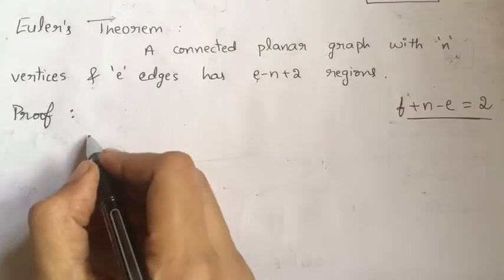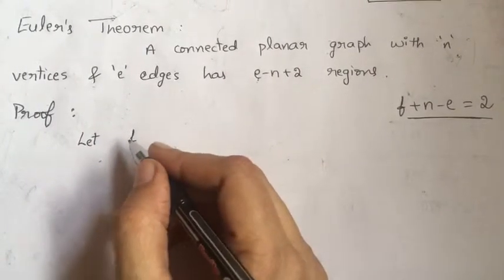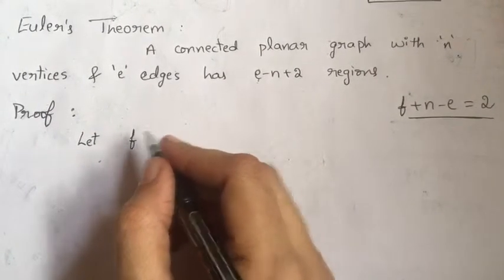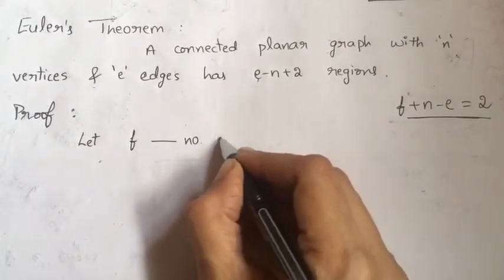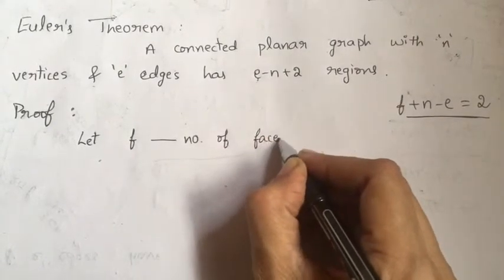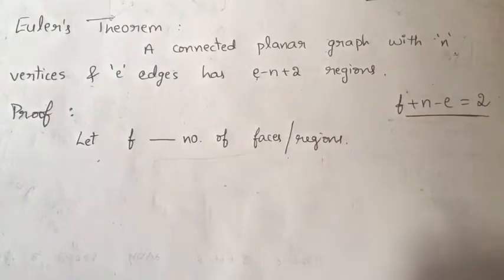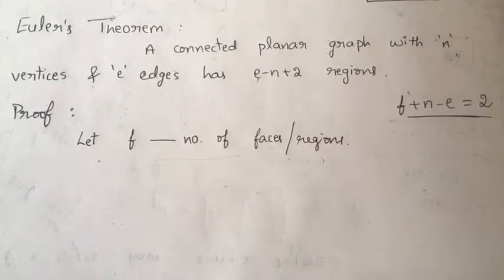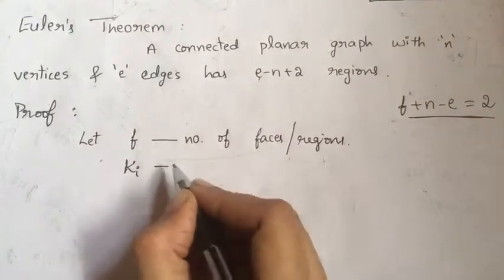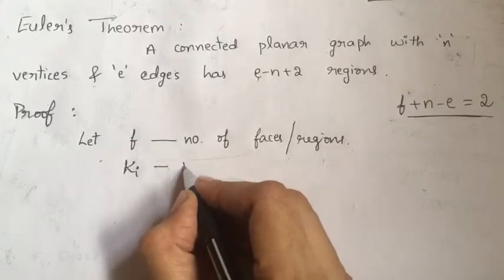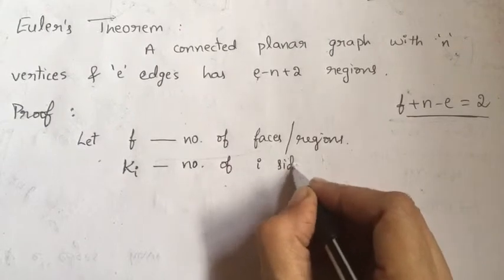Now let f be the number of faces or number of regions in the graph. F denotes the number of faces or regions, and let ki be the number of i-sided regions.